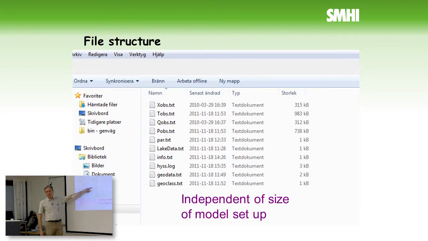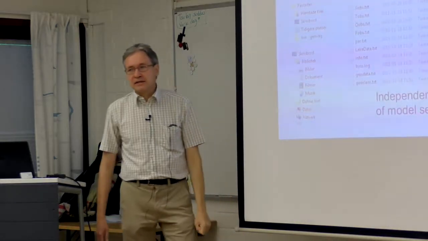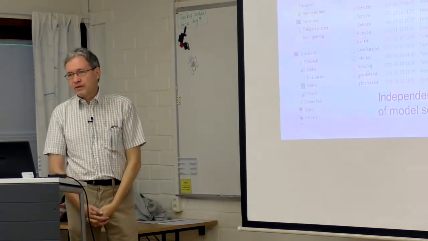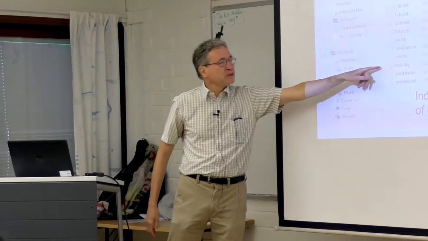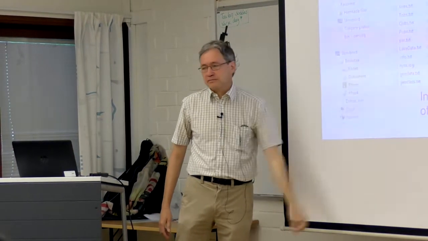You may have a lake data file where you can specify the depth of lakes and the regulations, or if you have rating curves, and some other things that you can specify here. When you run the model, this is an old setup, you get a log file in which you can read about the model run. Let's say that the model run doesn't work, then you read the content of this file.